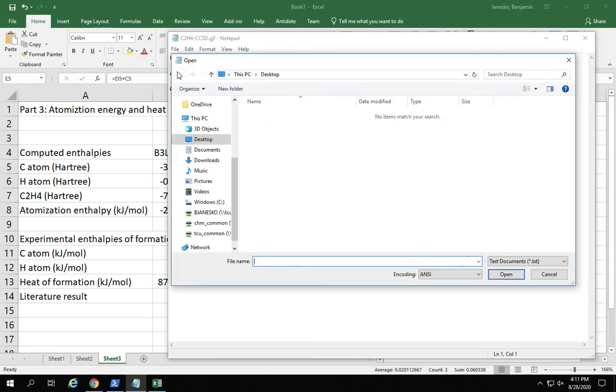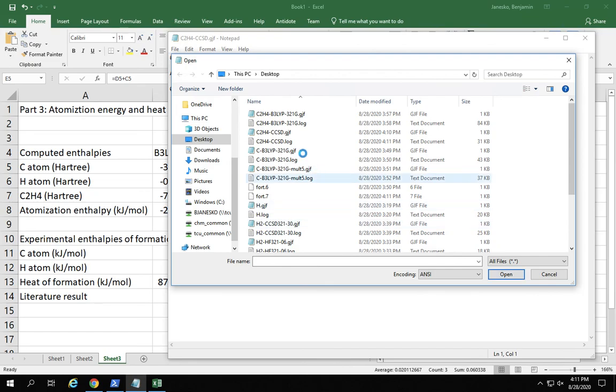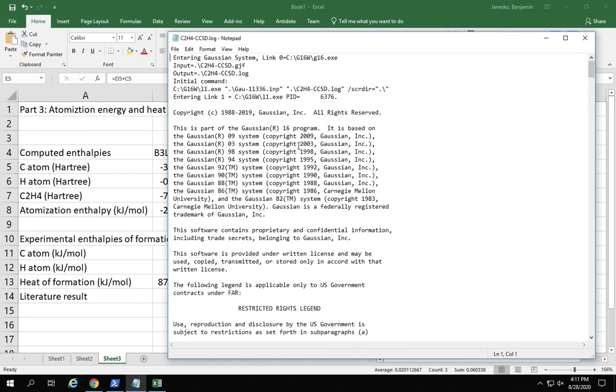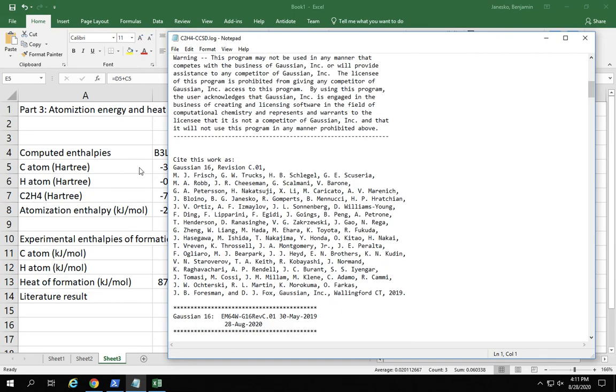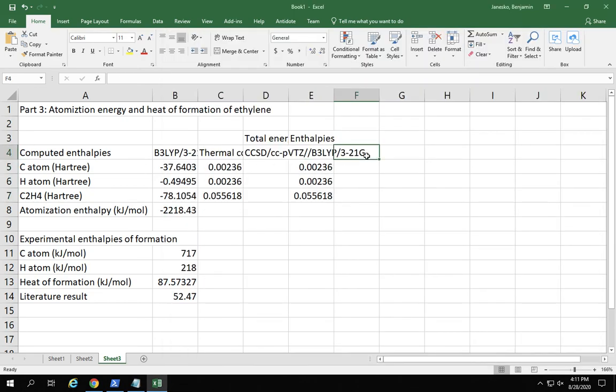Open that log file. Scroll down. Just as an aside, I could do the same thing with Hartree-Fock theory at those geometries, because each time I do a coupled cluster calculation, I start with a Hartree-Fock calculation.